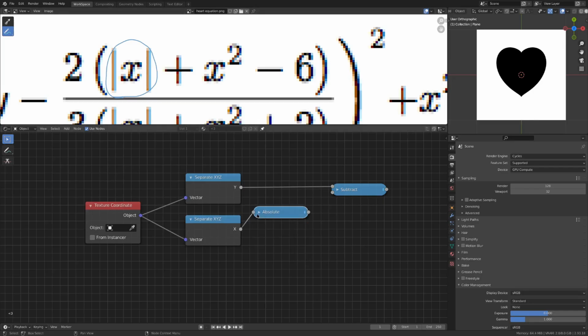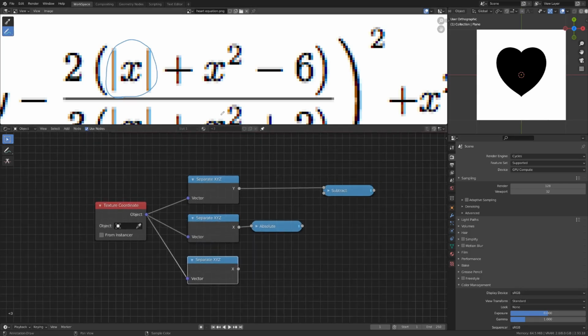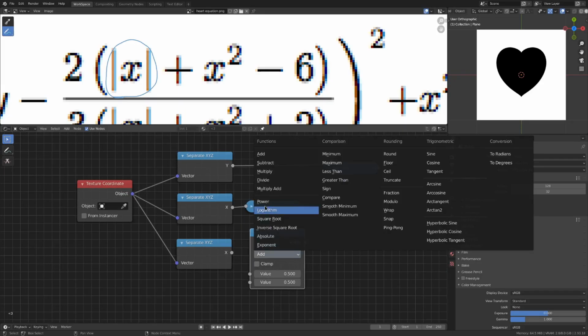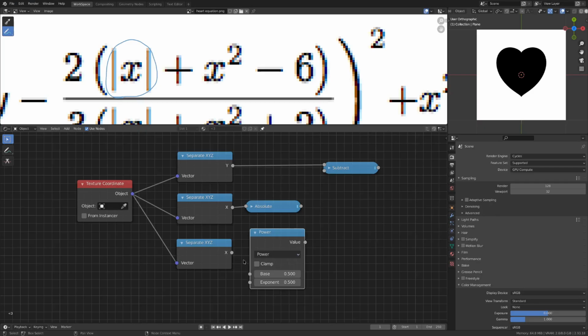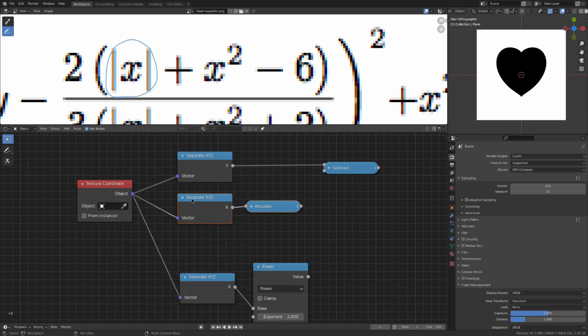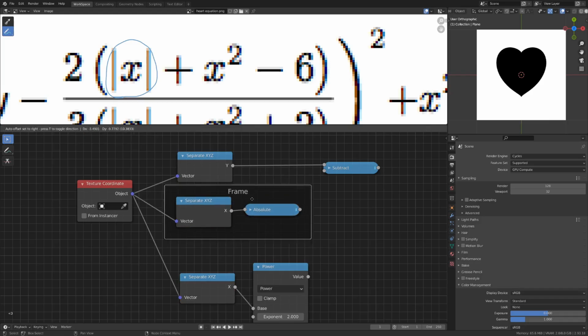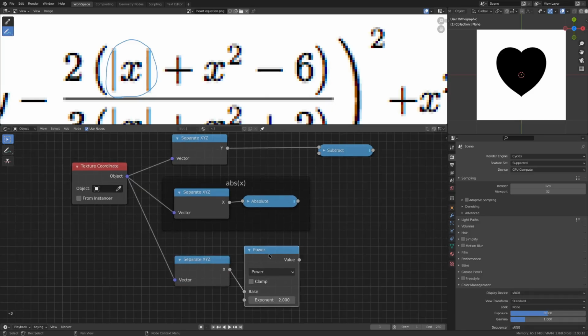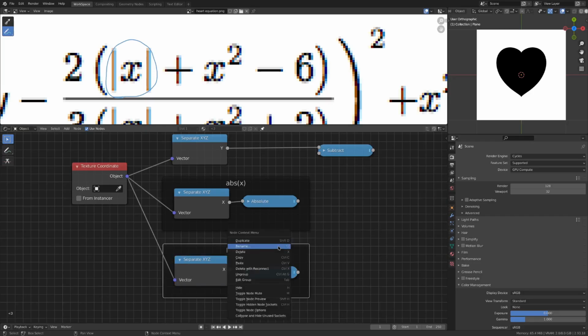This is x absolute here, and we are going to make another math node, because we can be confused, so please understand. X power, set it to 2. We can be confused, so we are going to organize it. Ctrl J, absolute x here, and this one is make a frame, rename x square.